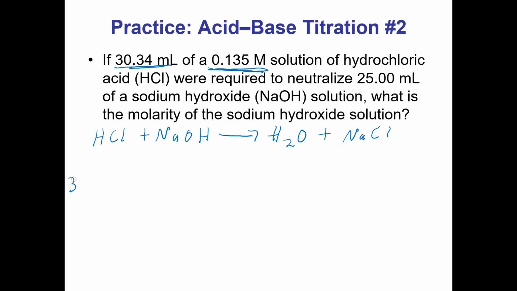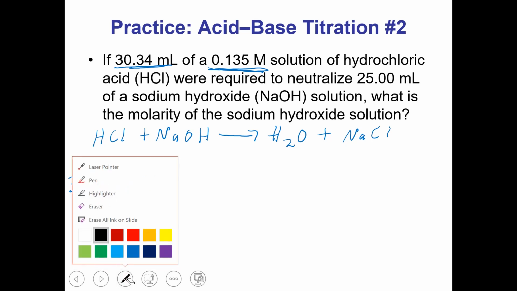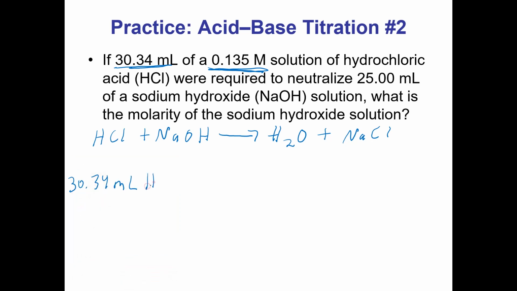So we have 30.34 milliliters of hydrochloric acid. So we're going to convert that to liters.